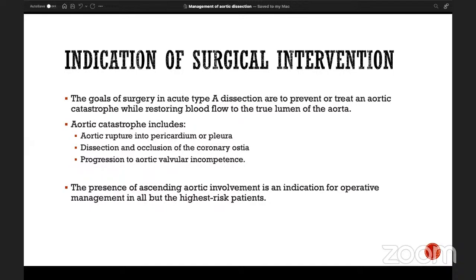Other than that, most patients, even if they have a stroke or paraplegia, it is not a contraindication to proceed for surgical intervention.